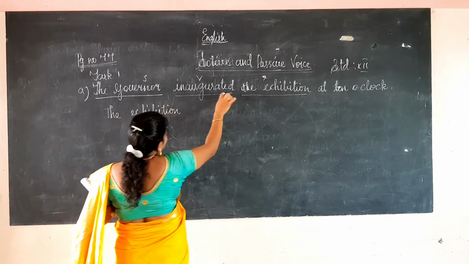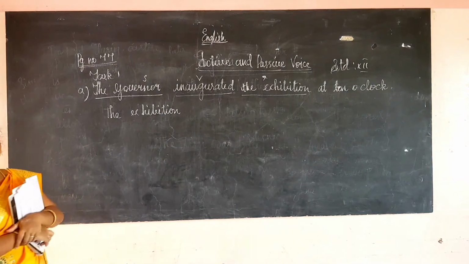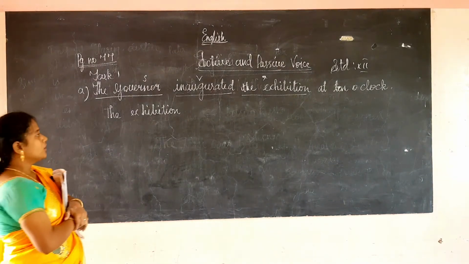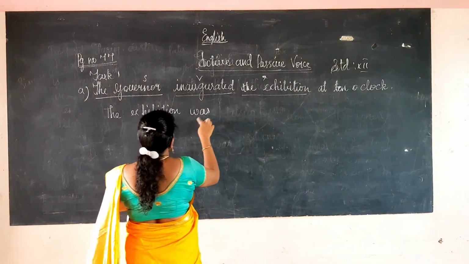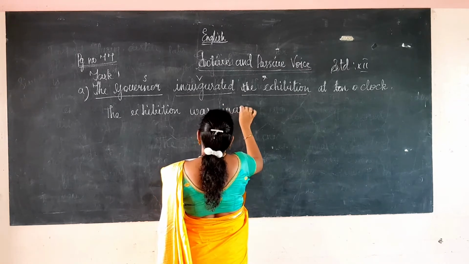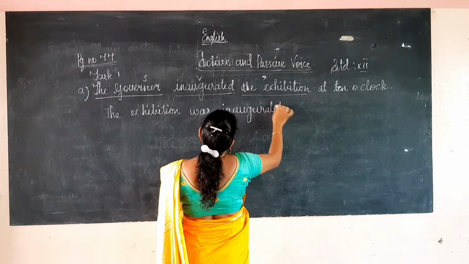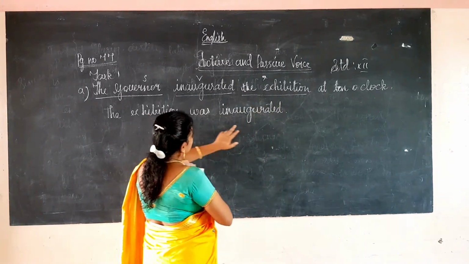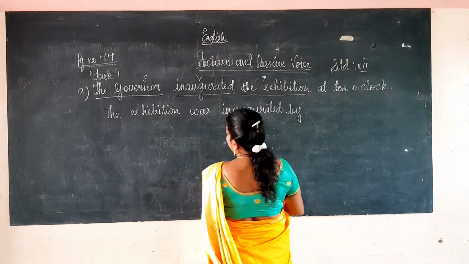Exhibition is singular, and they had given inaugurated, singular past tense. So, the auxiliary verb we have to use is was. The exhibition was inaugurated. It is in the form of past participle also, inaugurated. So, the exhibition was inaugurated, we have to use the preposition by.